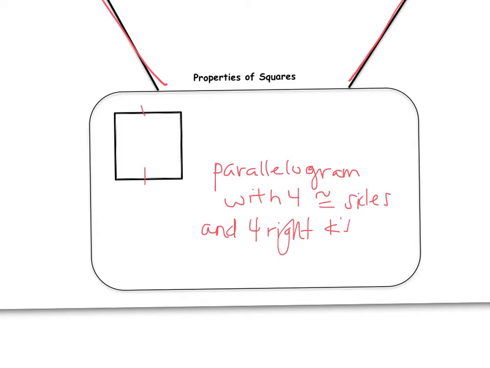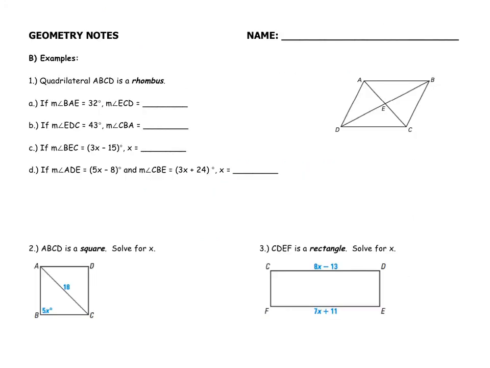So all 4 sides are congruent, all 4 angles are right angles. All of the properties of a rectangle apply, and all of the properties of a rhombus also apply. So let's look at a couple of examples.